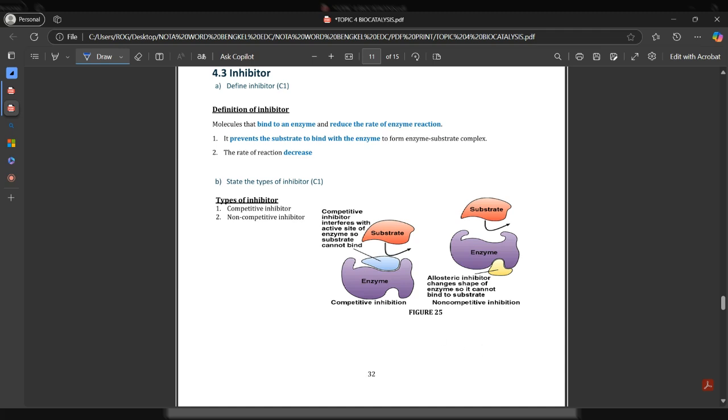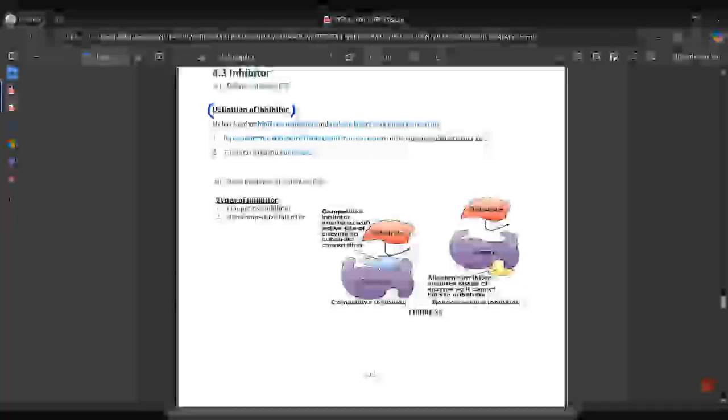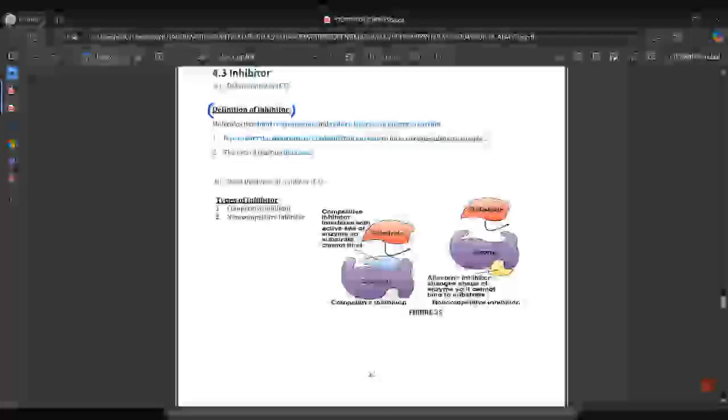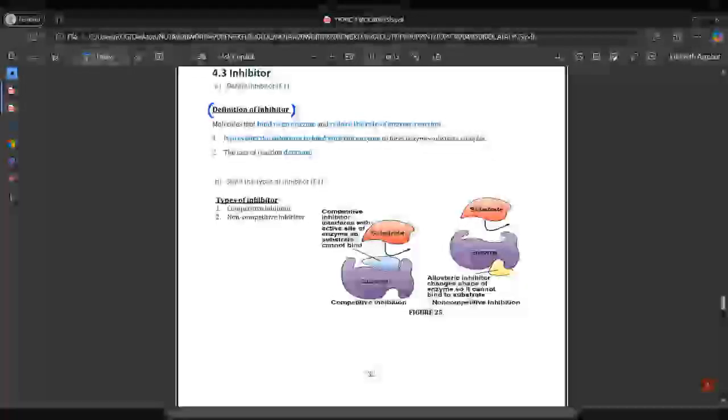Okay, now we're going to continue to inhibitor, which is actually the last subtopic under biocatalysis. Before we start, what is an inhibitor? If you still remember, among the six factors affecting the enzymatic reaction, the last two are these: the presence of a cofactor will increase or enhance the enzyme catalytic reaction.